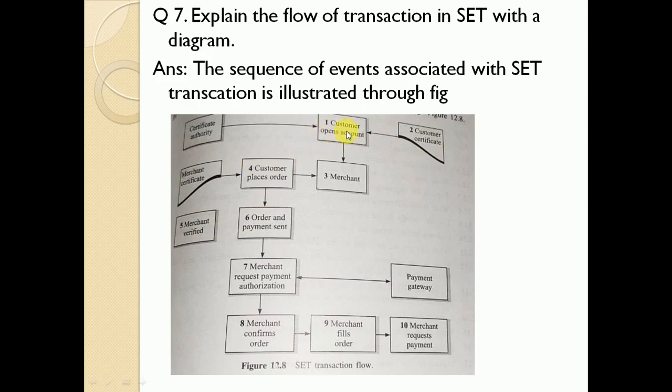First the customer opens account, then the customer will verify, then the merchant will do that, customer placed order, the merchant certificate is there before placing the order, then the merchant verified that, then the order payment has been done, then request payment authorization is there where the payment gateway is used, merchant confirms order and fills the orders, and lastly the merchant requests payment, which is done successfully.